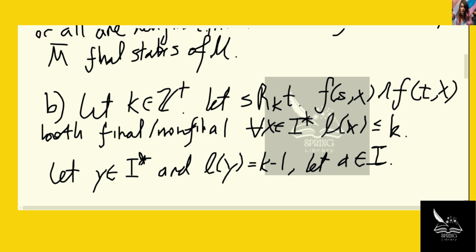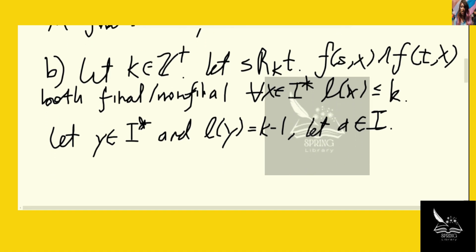So since y is an input string of length at most k, it follows that S is k minus 1 related to T. Now ya is a string of length at most k.